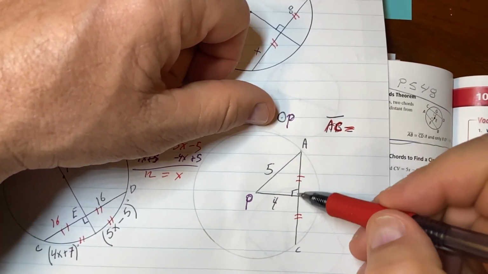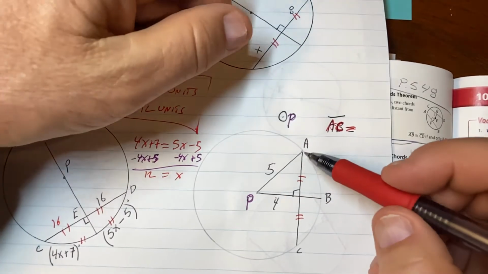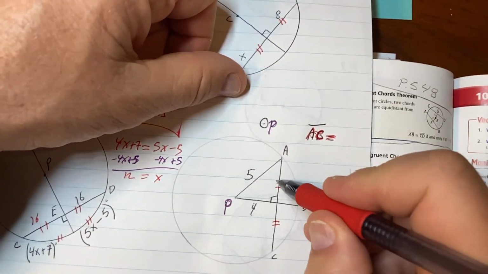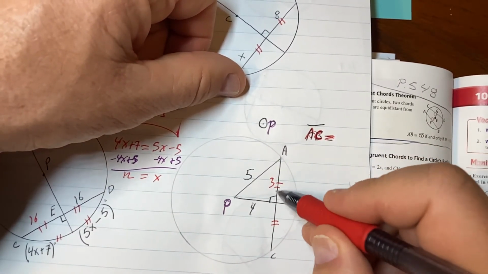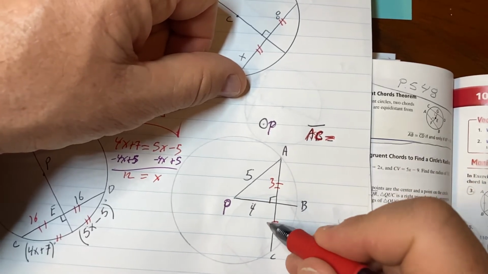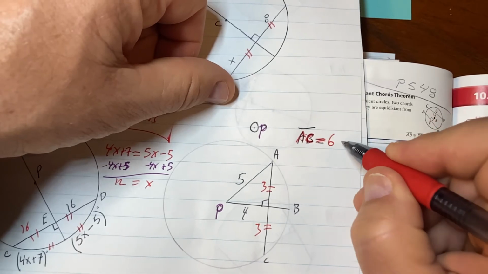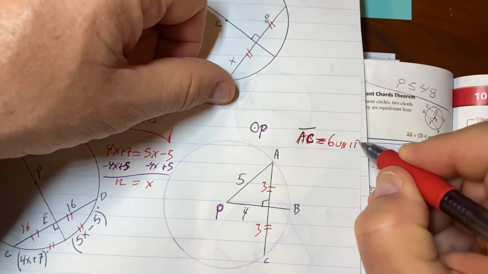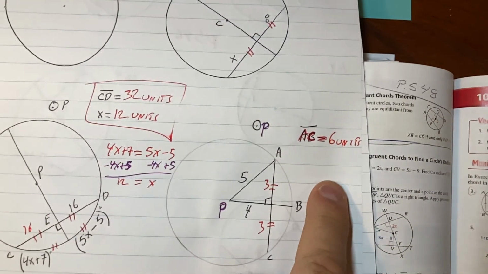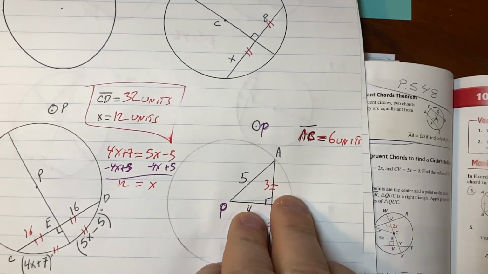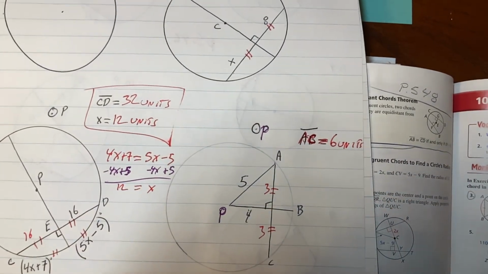Well, how do you find that distance? You can use the Pythagorean theorem, or if you know the Pythagorean triple, that has to be 3. 3, 4, 5. If that's 3, this is 3. What's the distance from A to C? 6 units. Ooh, done. Boom. That was short.